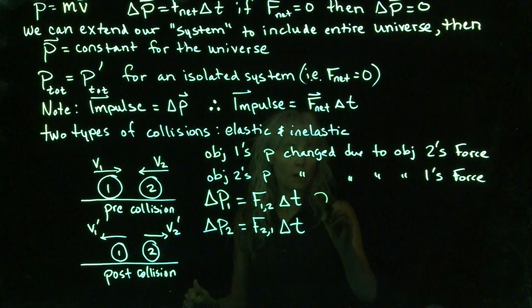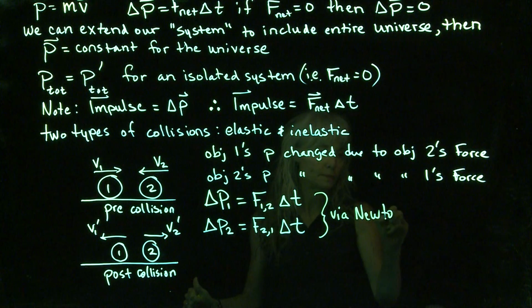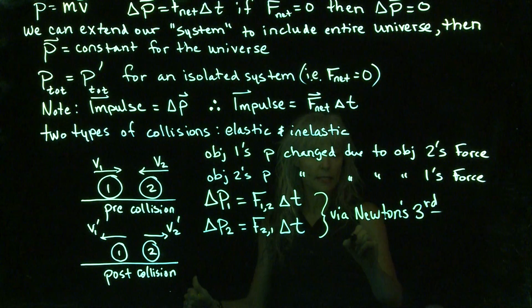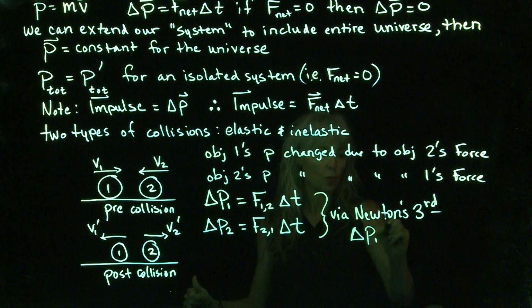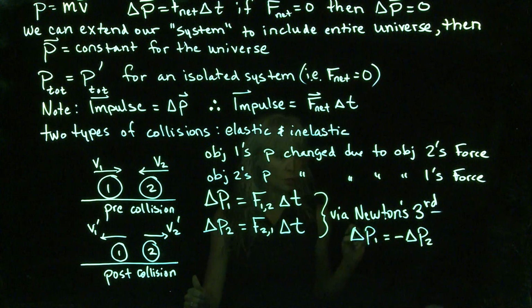So then from this, via Newton's third, we can write that the change in momentum for object 1 is equal to the negative of the change in momentum for object 2.